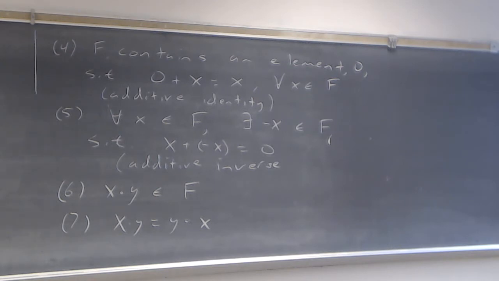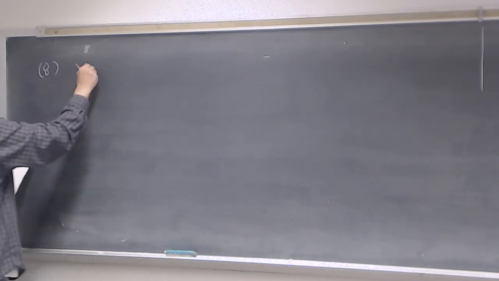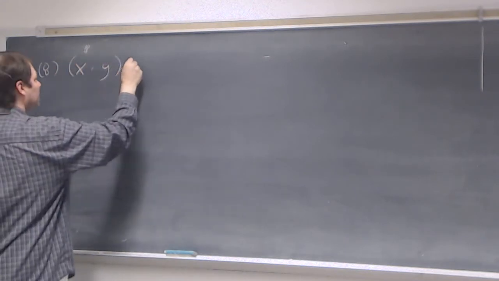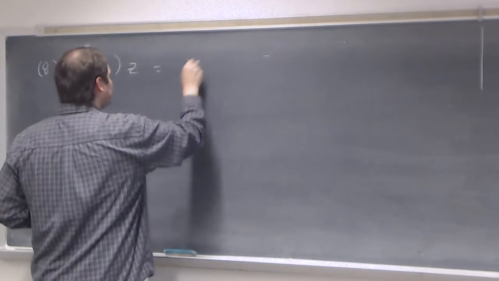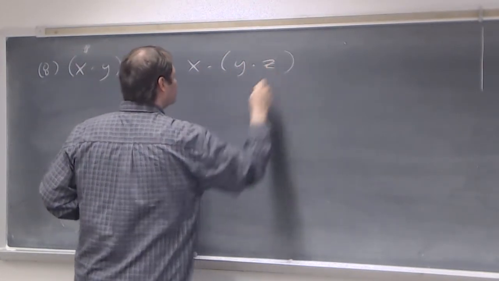The next property has to do with associativity for multiplication. That says that x times y times z is equal to x times the quantity y times z.